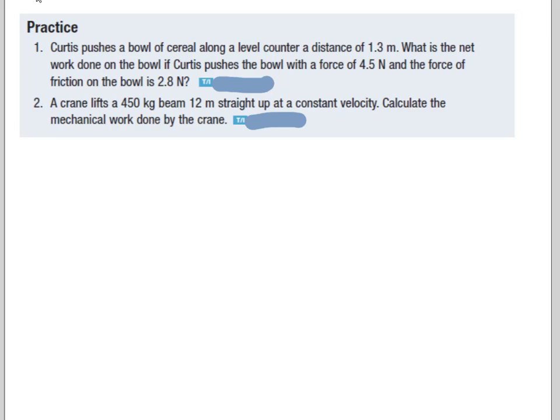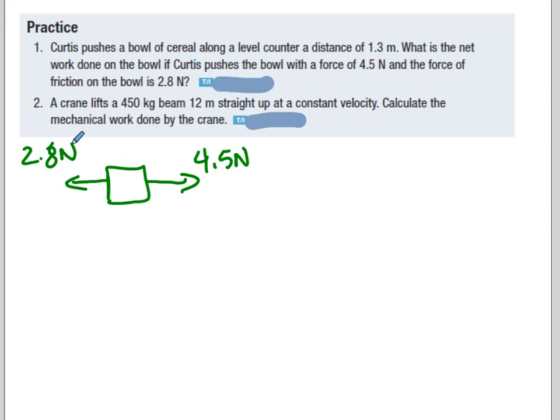Okay, first one. Curtis pushes a bowl of cereal along a level counter, a distance of 1.3 meters. What is the net work done on the bowl if Curtis pushes the bowl with a force of 4.5 newtons and the force of friction is 2.8? Now we could set this up. Here is the bowl, here is 4.5 newtons, here is 2.8 newtons.